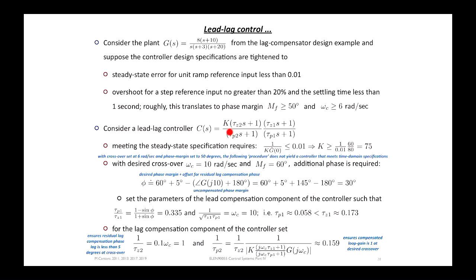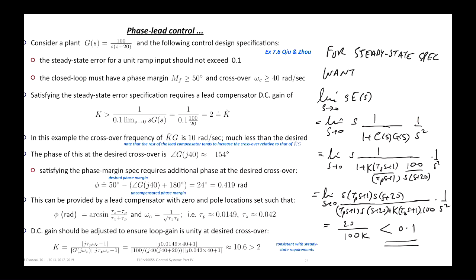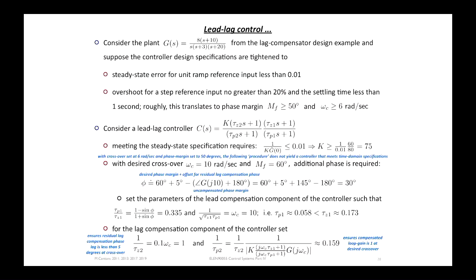So how big does it have to be? We'll go through the same analysis that we went through here to get a bound on the gain. Now, we've got a lower bound on the crossover frequency. If you chose, in this particular example, to set the crossover frequency at the lower end, so at 6, it turns out, by following this procedure, that you don't meet your original time domain specifications, right?